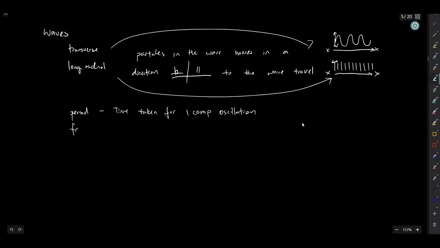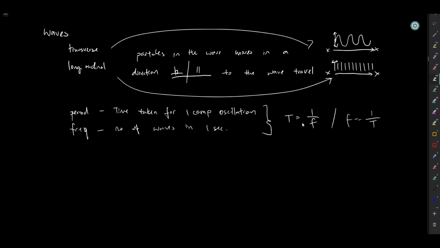Then frequency is the number of waves in 1 second. Combining these two, there's a formula that relates both of them: T equals 1 over f, or f equals 1 over T, whichever you want to memorize. No need to memorize both, it's just a manipulation of one another. So that's the idea of period and frequency.